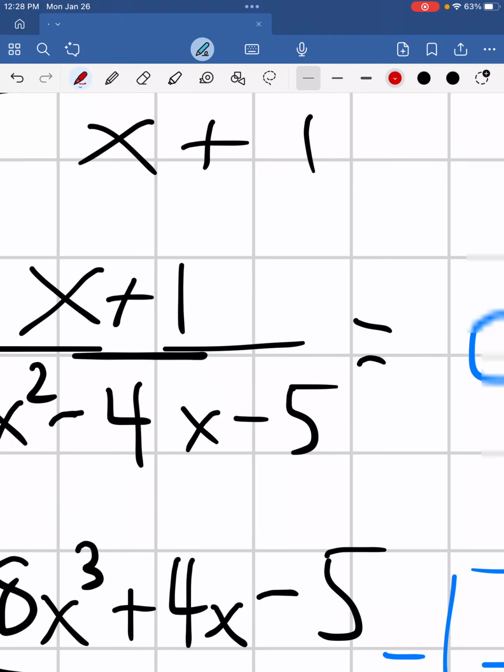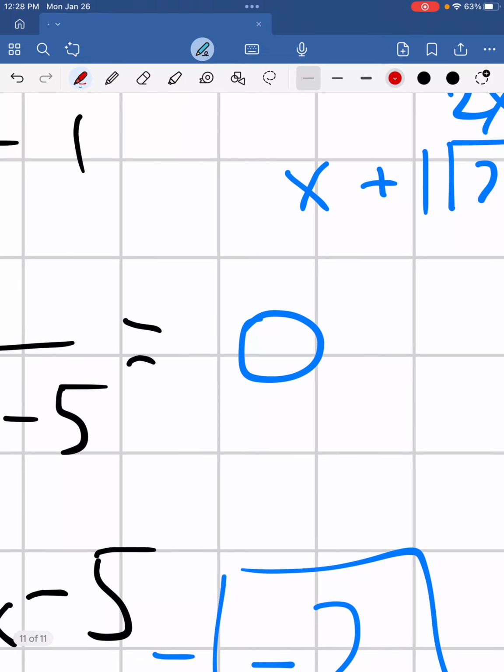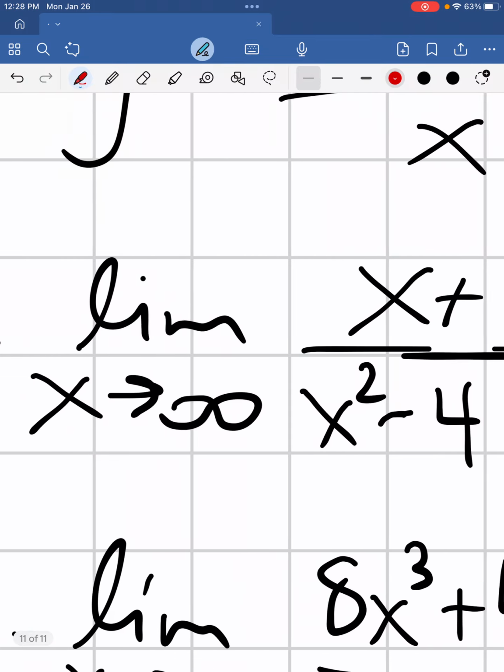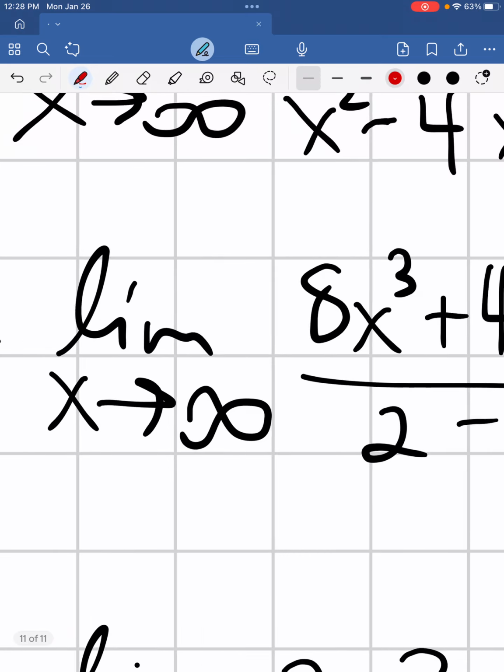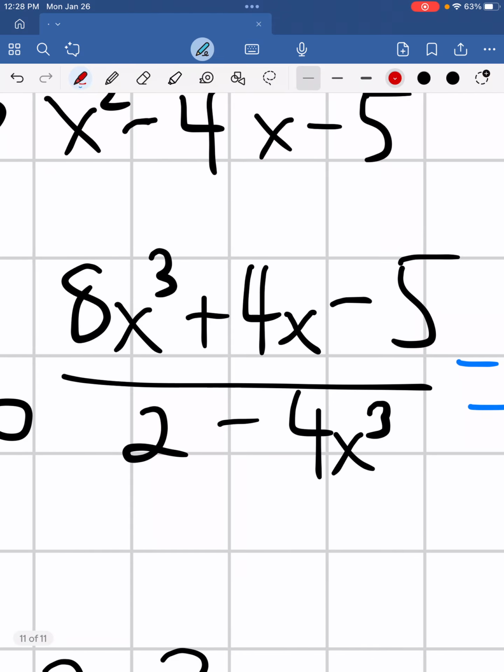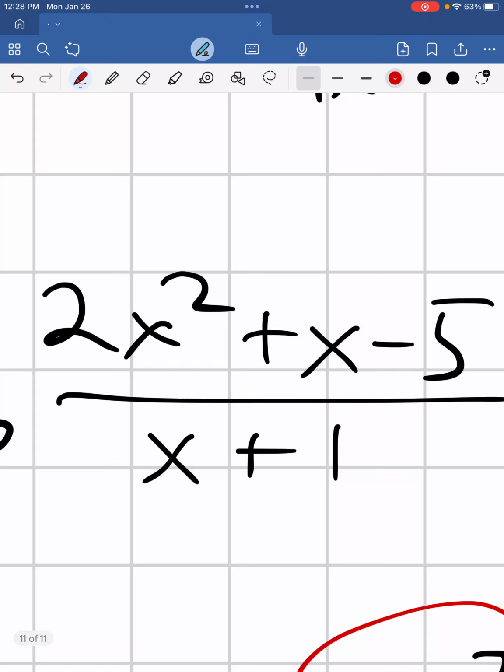Or for this one, both the numerator and denominator are cubics, which means they grow at the same rate. The only thing that's going to be different about them is the coefficient. Or if we look at this bottom one, the top is growing a lot faster than the bottom. Since the top is growing a lot faster, that means the overall value of the number is getting larger.